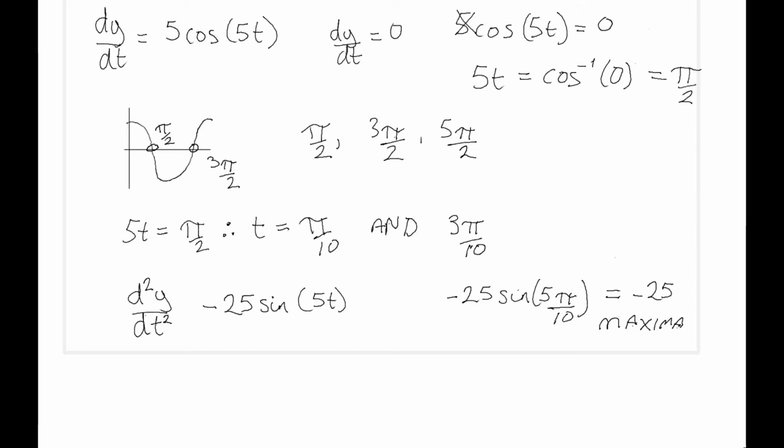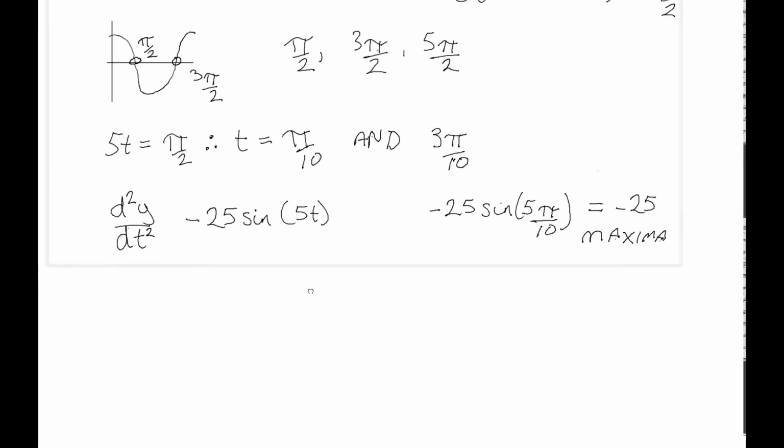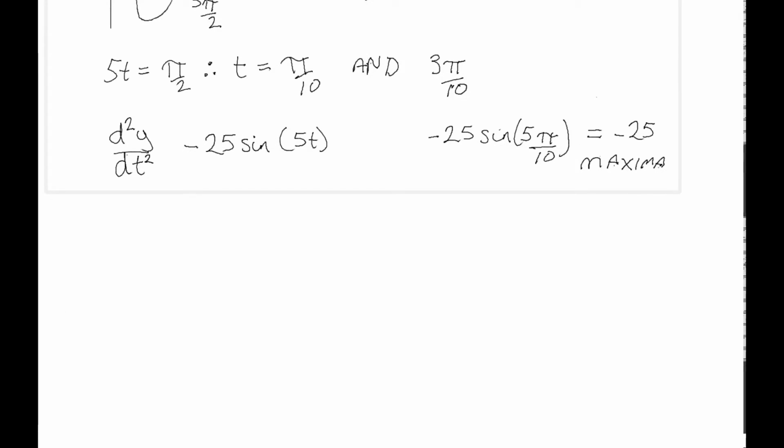Okay, let's have a look, put the other one in. So, minus 25 sine 5 times, in brackets, 5 times 3, this is obviously going to be 15 pi divided by 10.